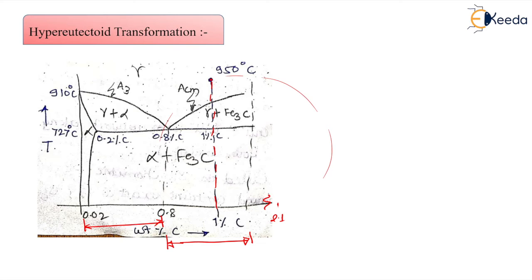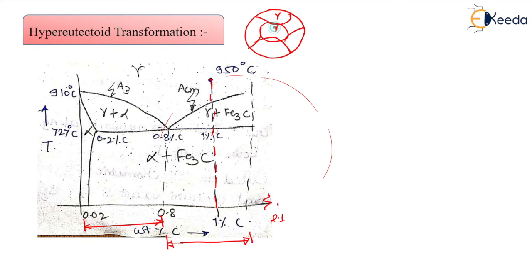If I draw the pictures here, at 950 degrees centigrade all are gamma, so we know that everything is gamma austenite. Like that I will show you the grains.